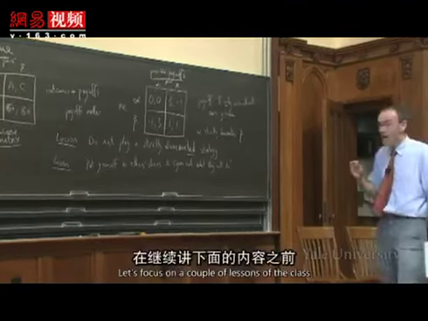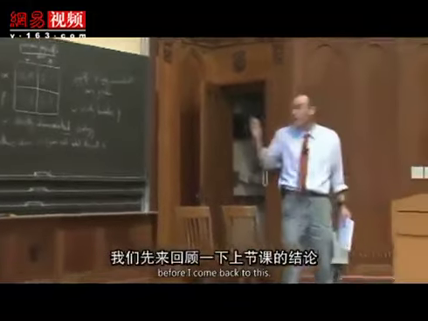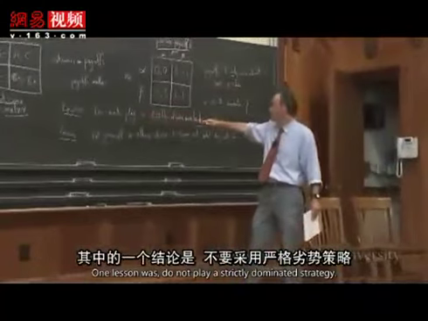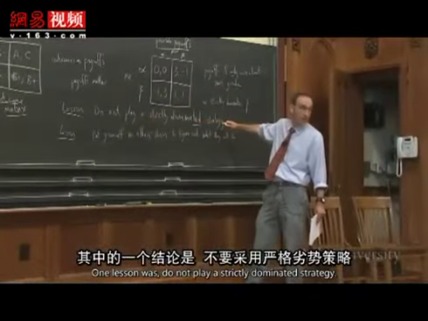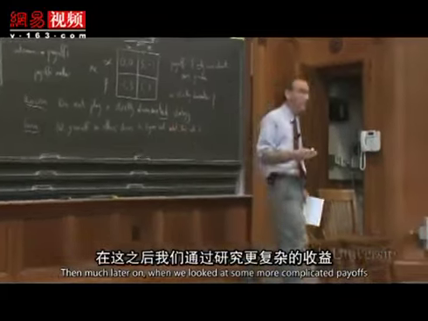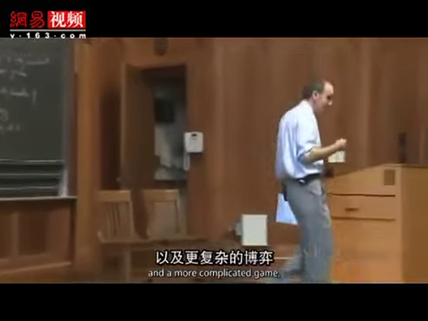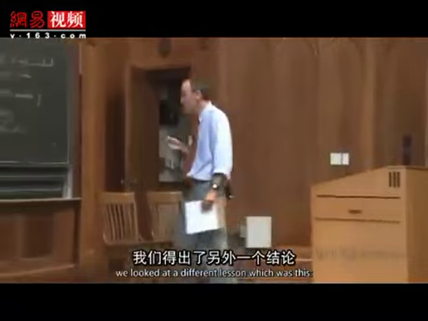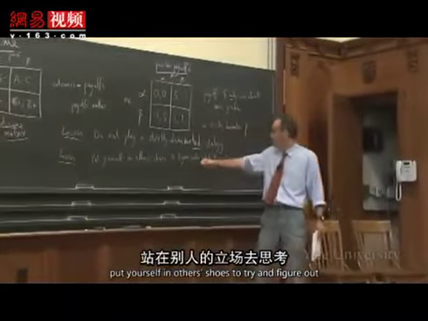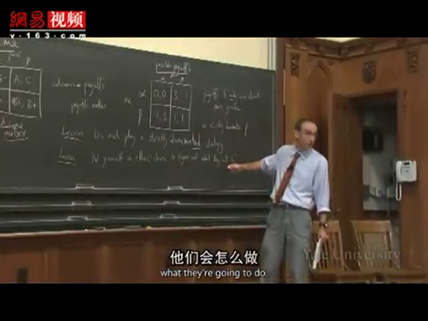Right? Let's focus on a couple of lessons of the class before I come back to this. One lesson was, do not play a strictly dominated strategy. Everyone remember that lesson? And then much later on, when we looked at some more complicated payoffs and a more complicated game, we looked at a different lesson, which was this. Put yourself in others' shoes to try and figure out what they're going to do.